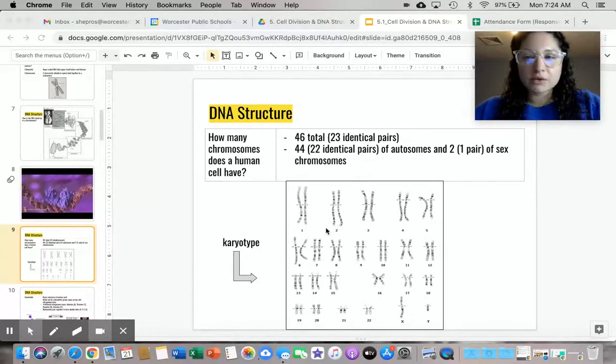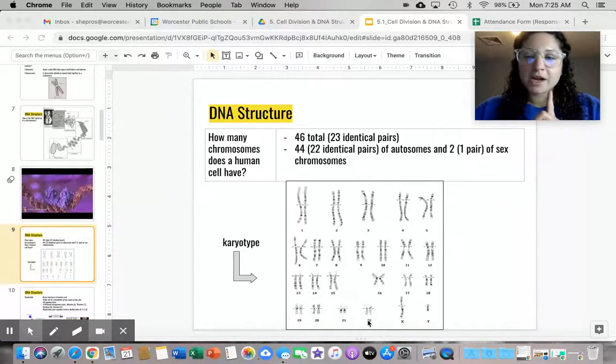These chromosomes that are labeled as autosomes, so all the pairs up until pair 22 right here, here's pair 1, 2, 3, 4, etc., down to 22, all code for what I'm going to call your usual traits. Like I was saying, eye color, hair texture, free or attached earlobes, the shape of your nose, whether or not you need glasses, how tall you're going to be, your skin color, all of these features about you.